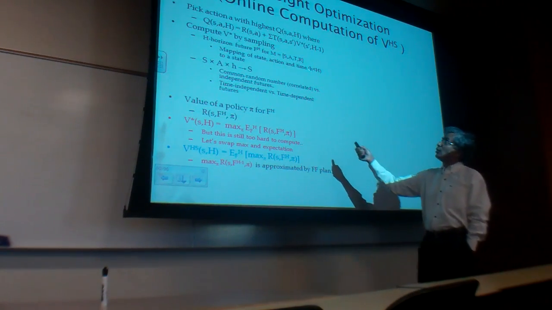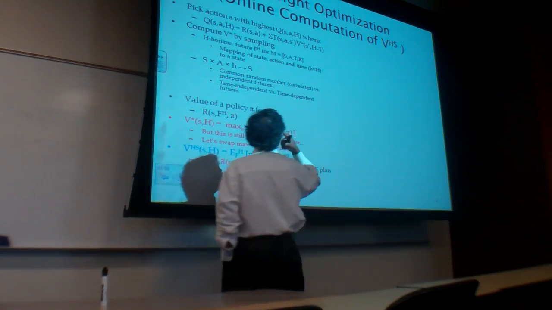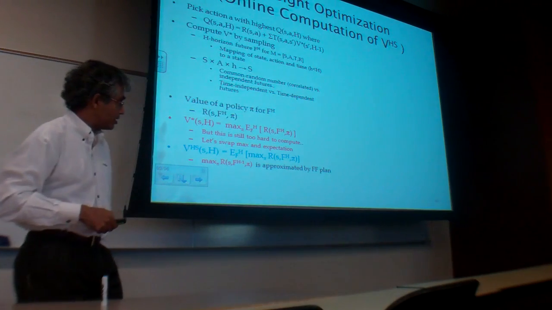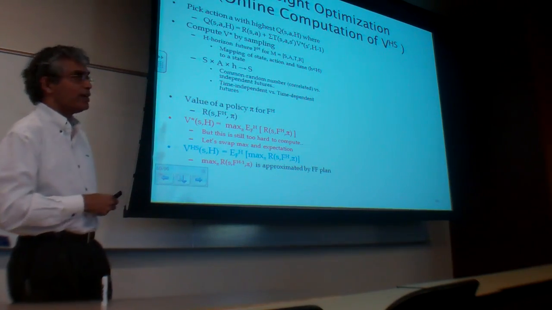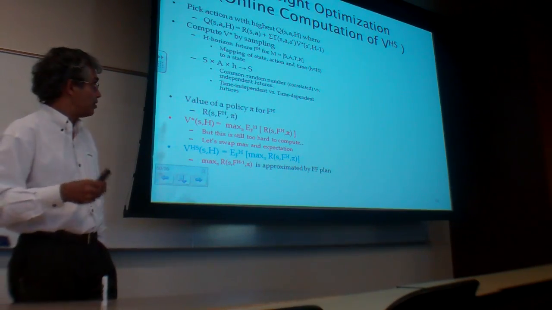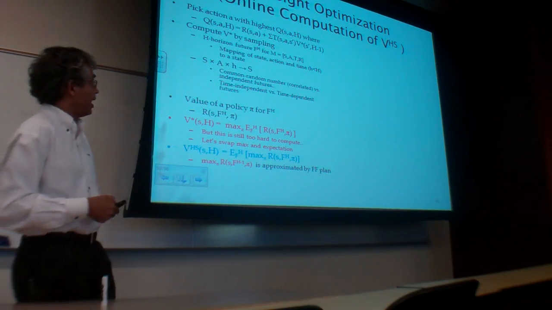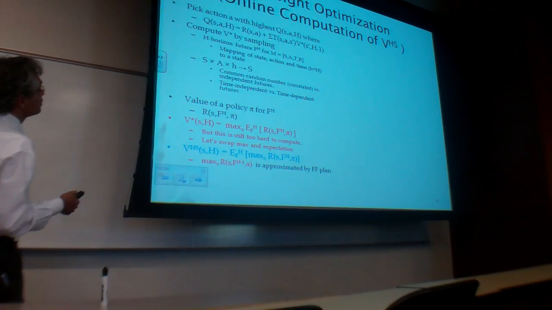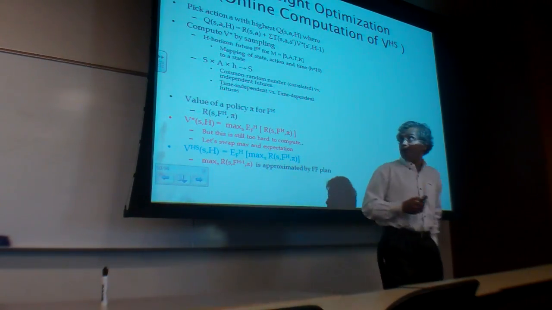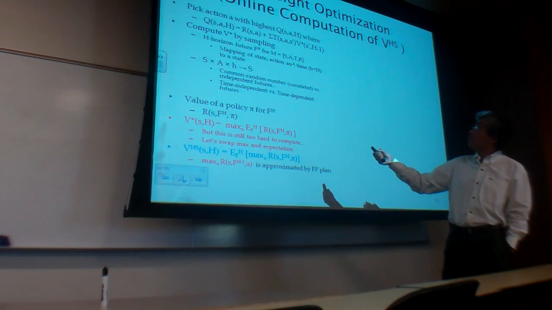Now, what you're trying to do is, rather than compute this finite horizon policy directly, you're going to essentially empirically compute the value, okay? And the way they do it is you pick the futures, and for each future you compute the values.